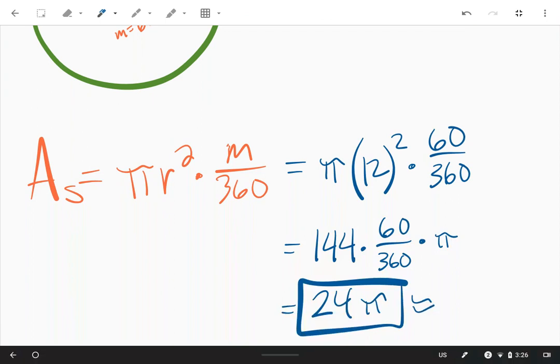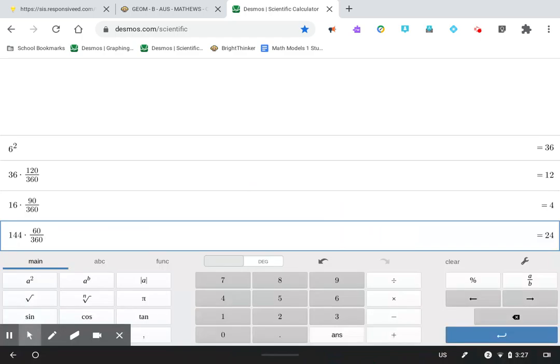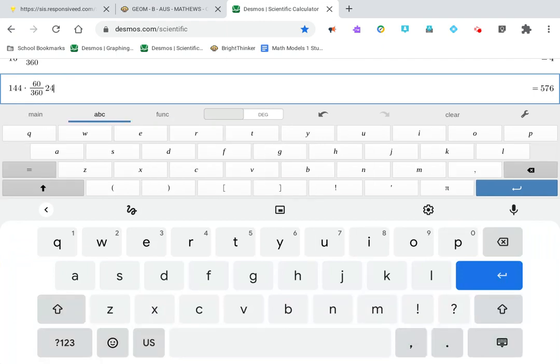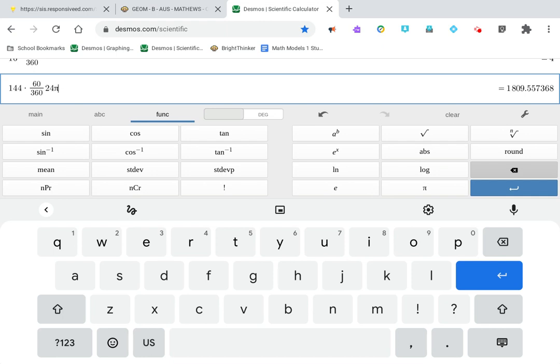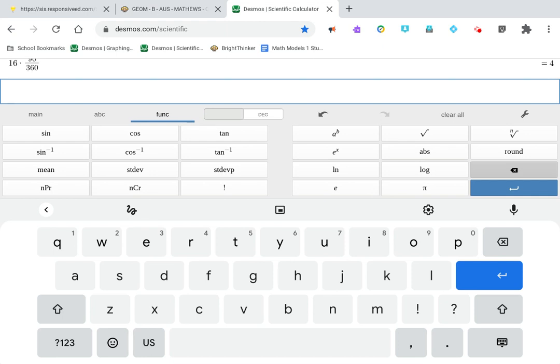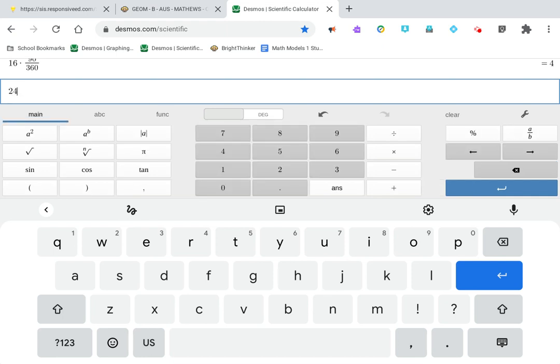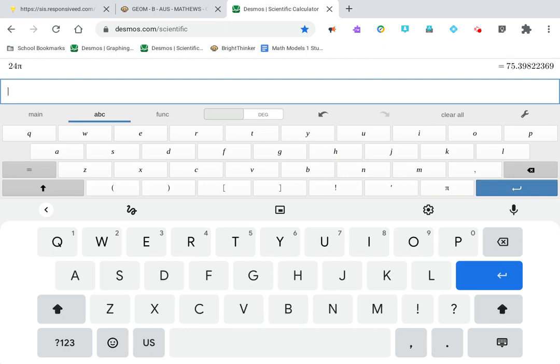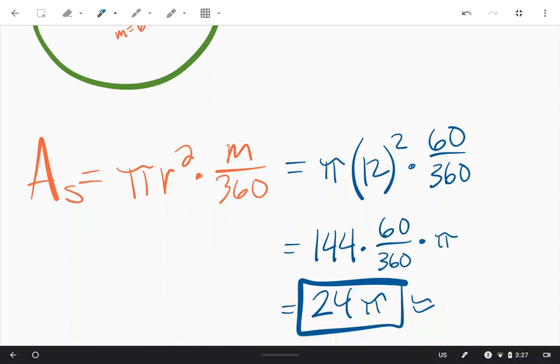Or if we estimate that, 24 pi is 75.40, 79.40.